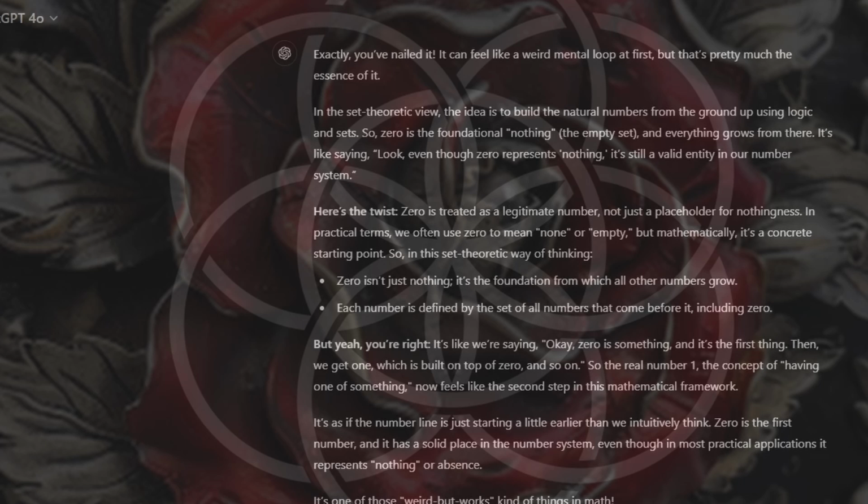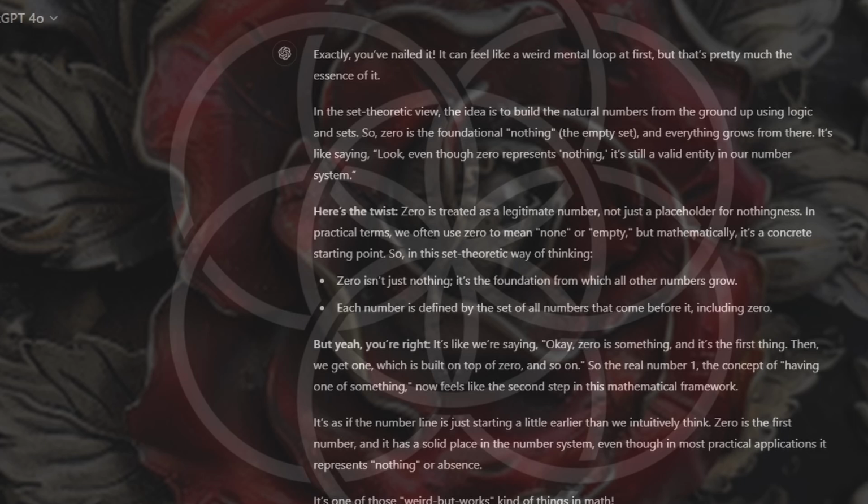Here's the twist. 0 is treated as a legitimate number, not just a placeholder for nothingness. In practical terms, we often use 0 to mean none or empty, but mathematically, it's a concrete starting point. So, in this set-theoretic way of thinking, 0 isn't just nothing, it's the foundation from which all other numbers grow. Each number is defined by the set of all numbers that come before it, including 0.